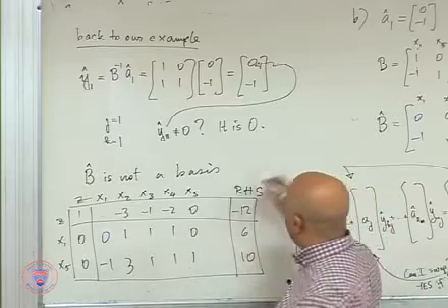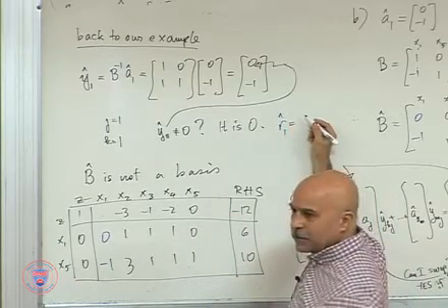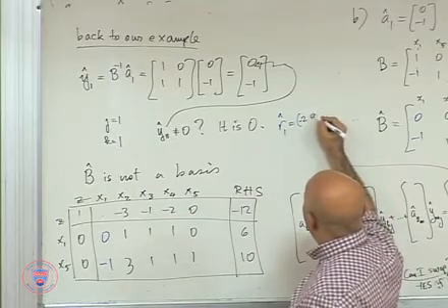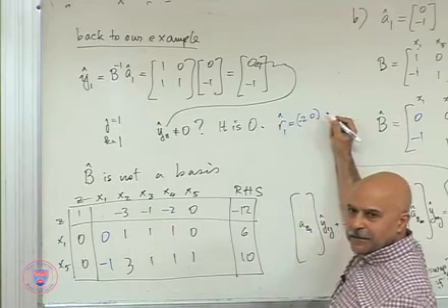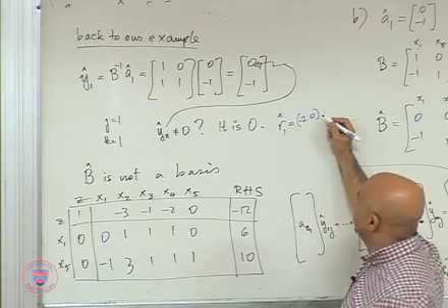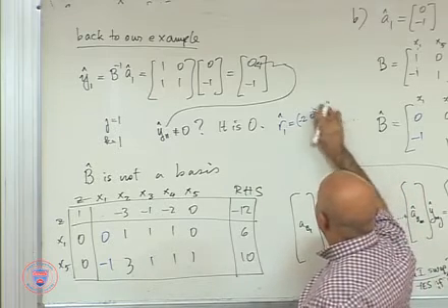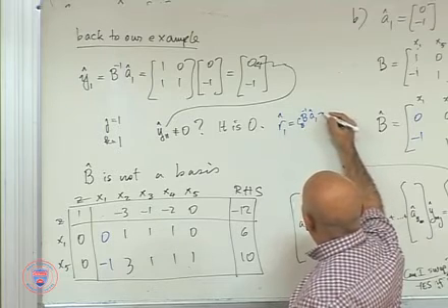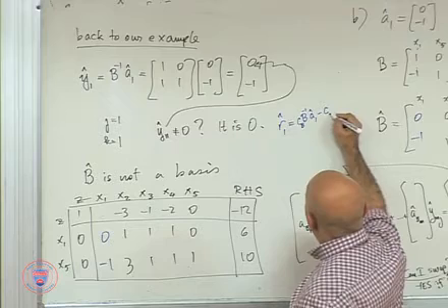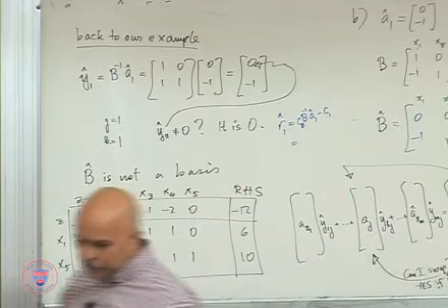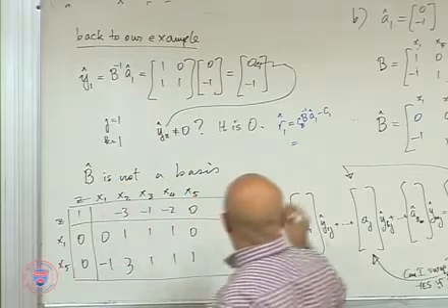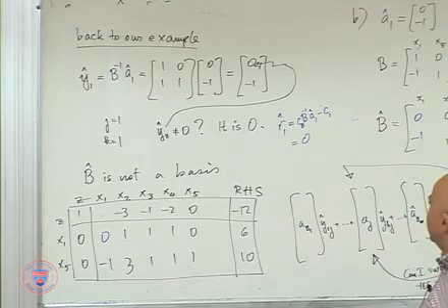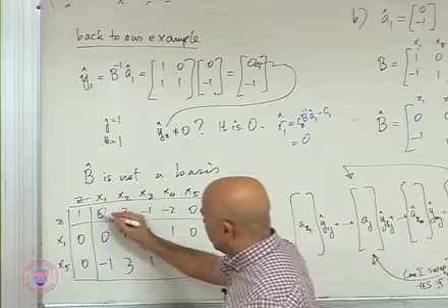You need to compute also that one. r1 cap is minus 20 times... let's just write it this way. cB B inverse A1 cap minus c1. So when you compute that, what you get is 0. You could just plug in the numbers and that's what you should get. So I have a 0 here.